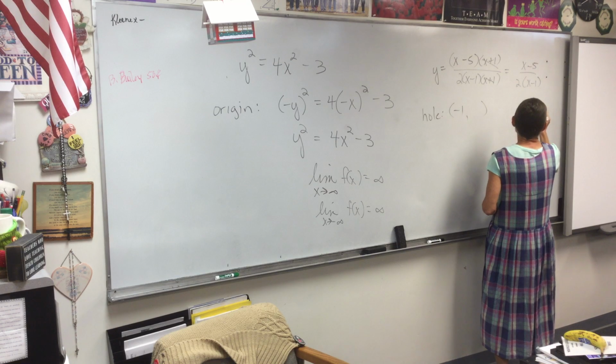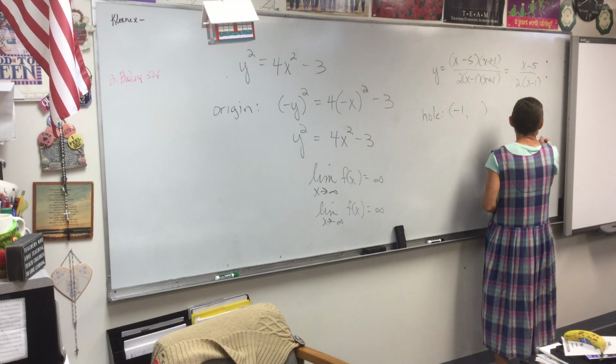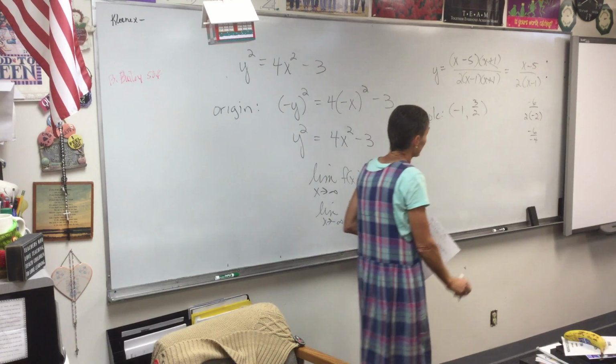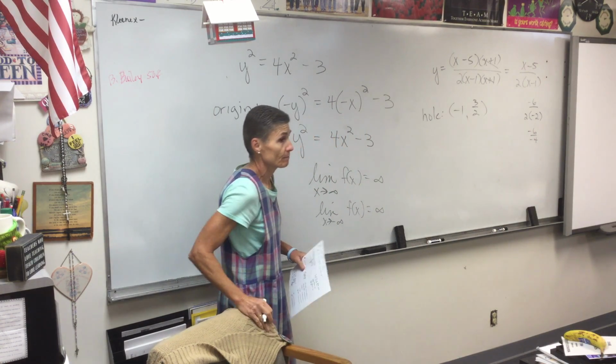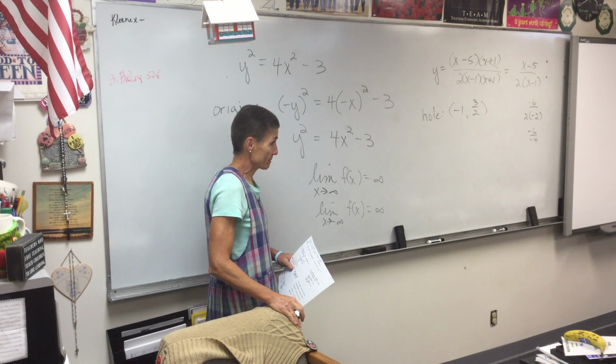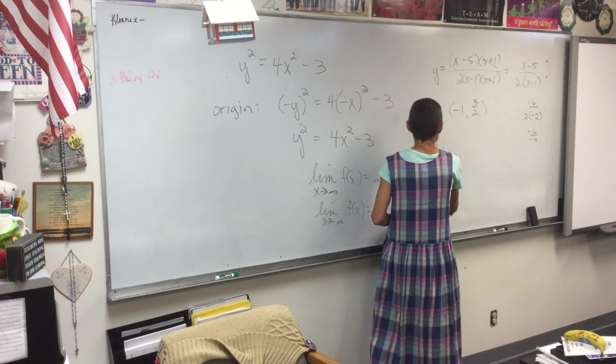So that would give me -6 over 2 times -2, which is -6 over -4, or 3/2, if I did my arithmetic right. So there's where my hole is. Now, what about vertical and horizontal asymptotes?